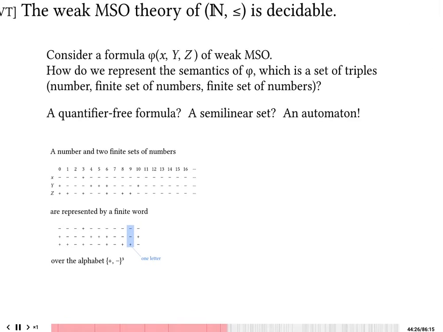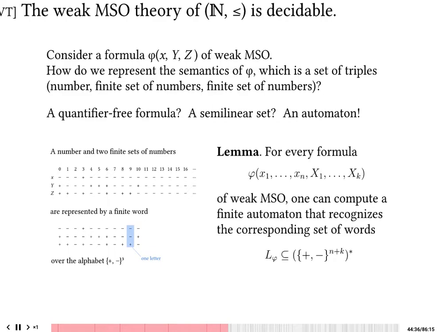So once we have fixed finite words as a representation of finite sets and numbers, we can now prove the following, which says that for every formula of weak MSO, if you look at the corresponding finite words, which represent the valuations which make this formula true, these are words over an alphabet plus minus to the power of n plus k, where n is the number of first order variables and k is the number of set variables, then this is actually a regular language.